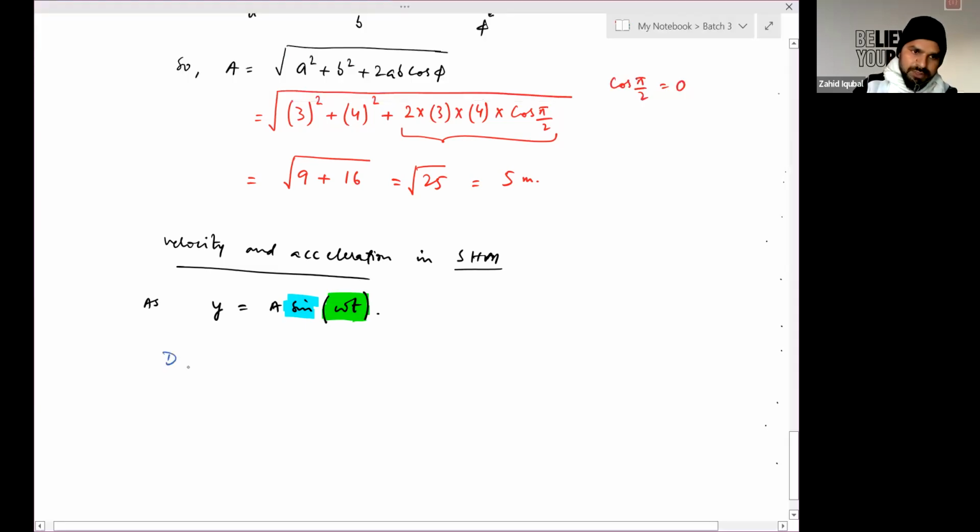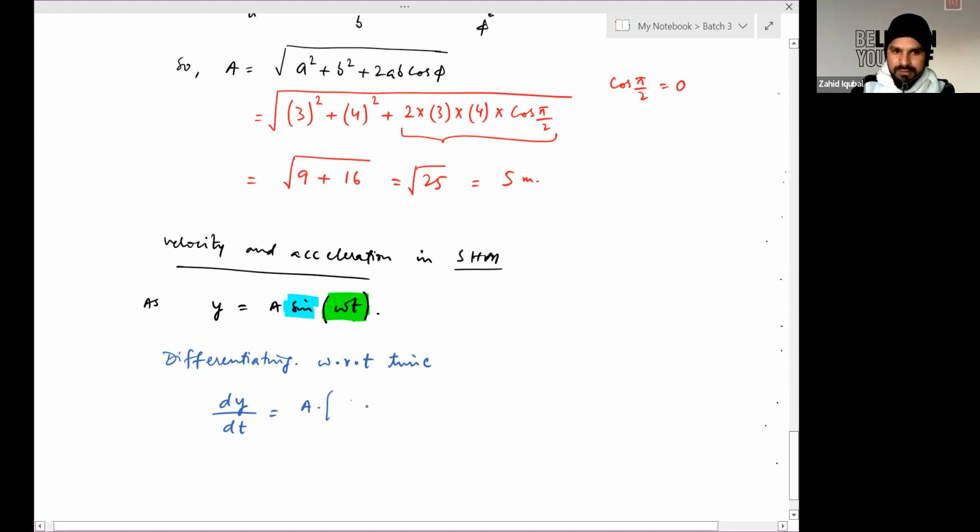So differentiating with respect to time, dy over dt: A being constant, keep it outside.